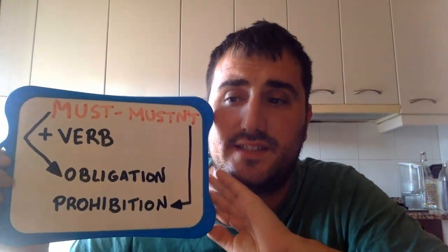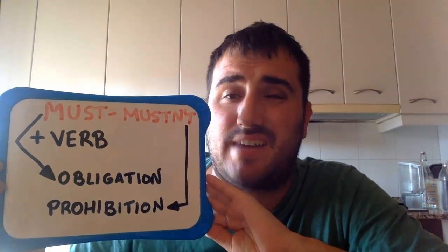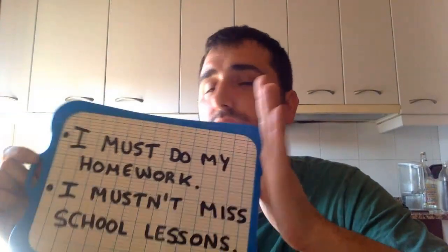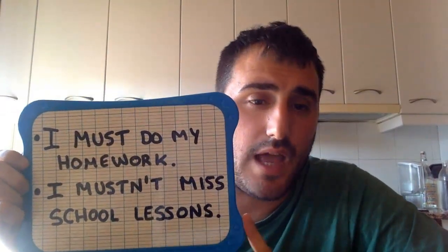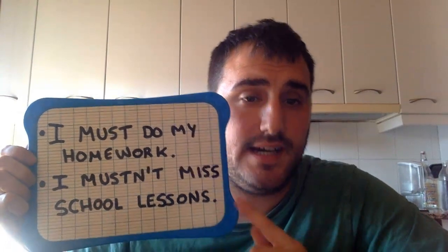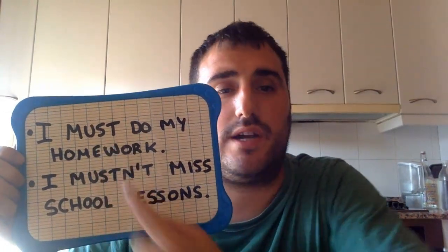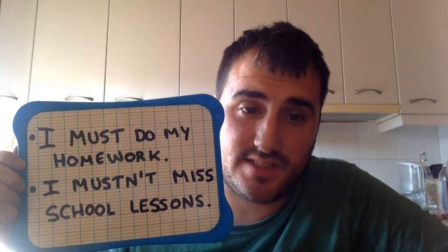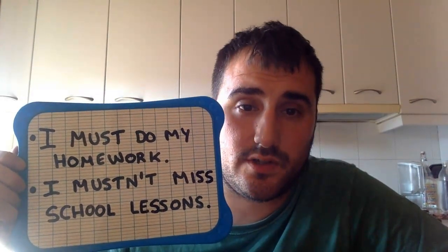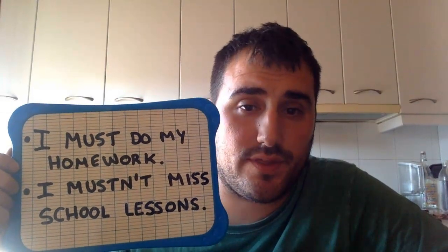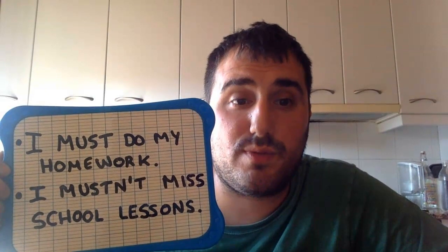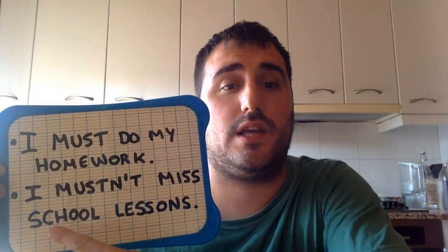Because must and mustn't express attitude, they don't express the action. So in this case, I have the obligation, I must do my homework, and the prohibition, I mustn't miss school lessons. You know that right now with the coronavirus, you are not coming to school, but still you've got school lessons.